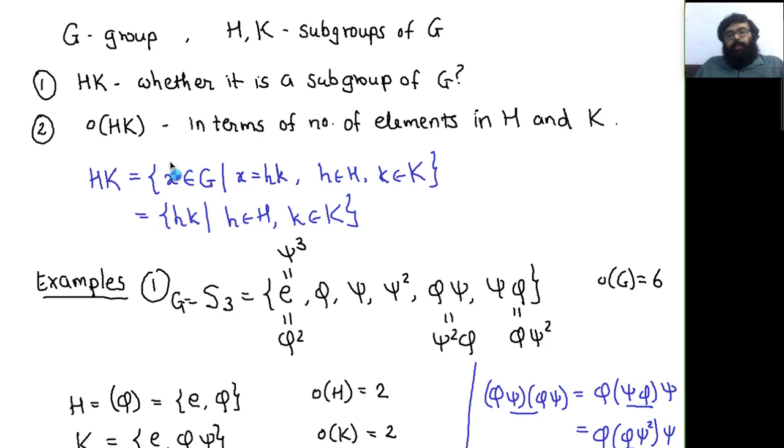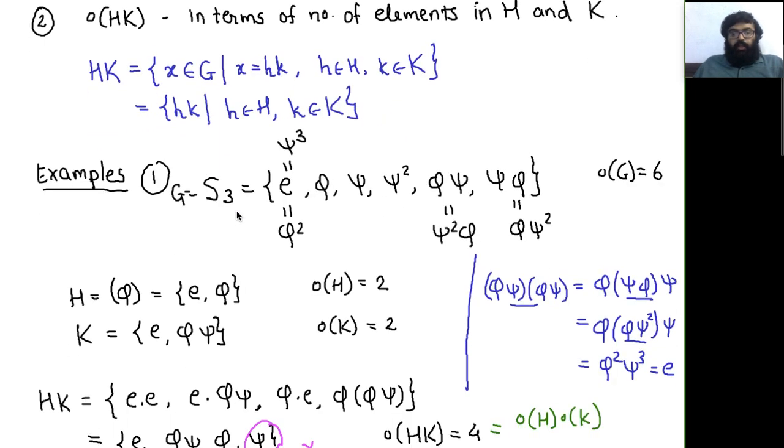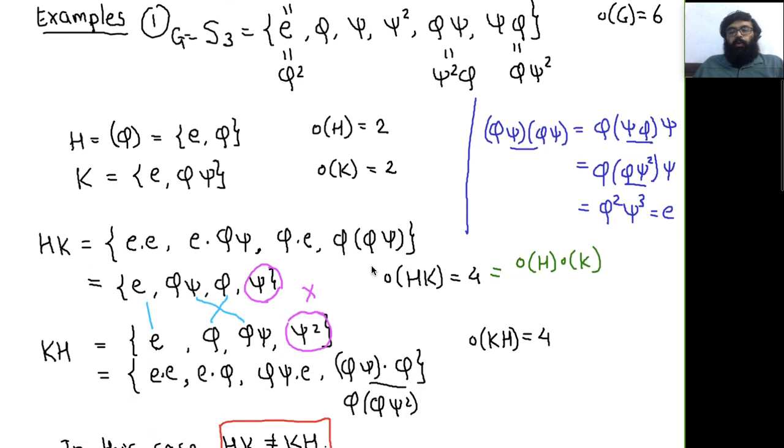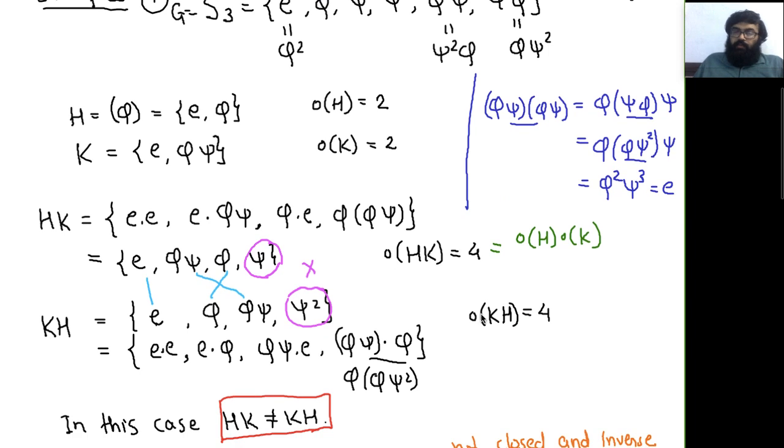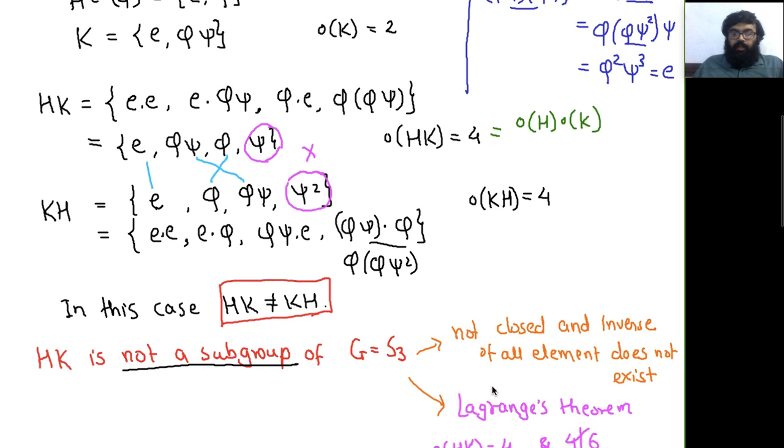Whether it will be a subgroup or not we don't know, but how many elements are there if H and K are finite? What is the order of HK? Here H and K have 2 elements, and we observe HK has 4 elements, KH also has 4 elements. So the order of H times the order of K. That is the one example here.